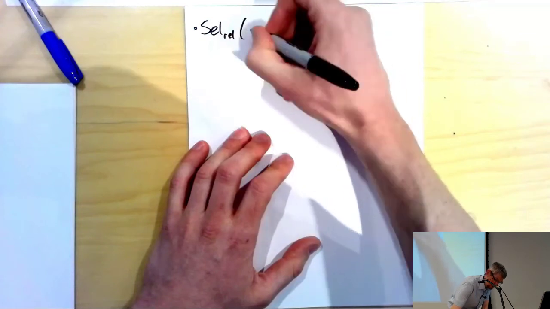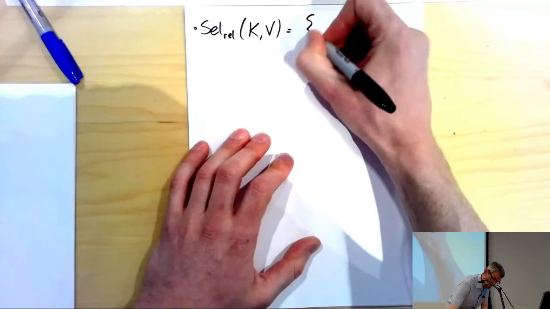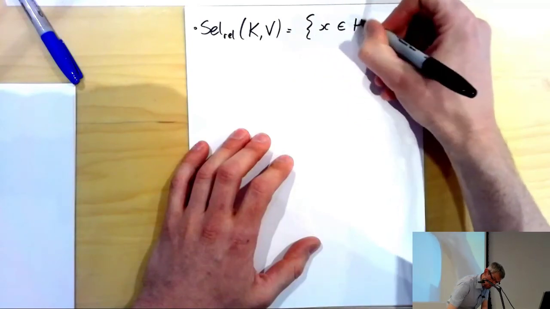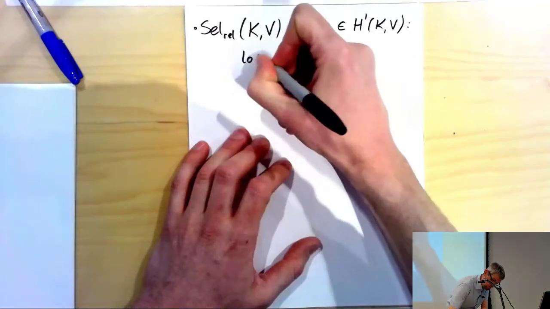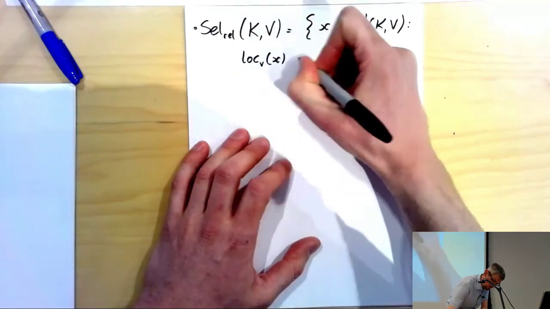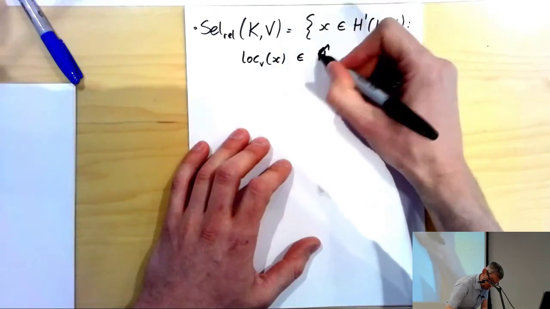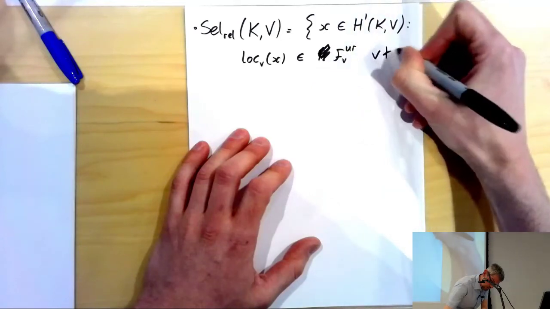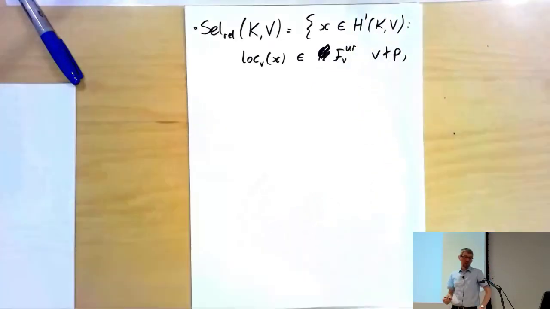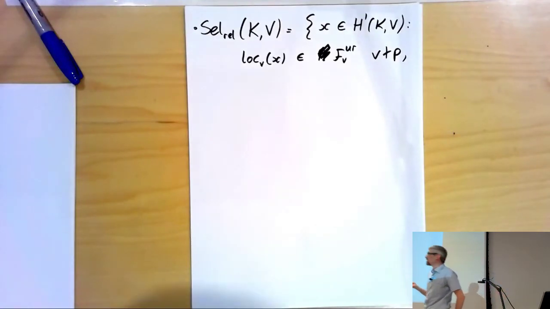So the relaxed Selmer group is the global classes whose restriction to primes not dividing p land in this unramified local condition space.